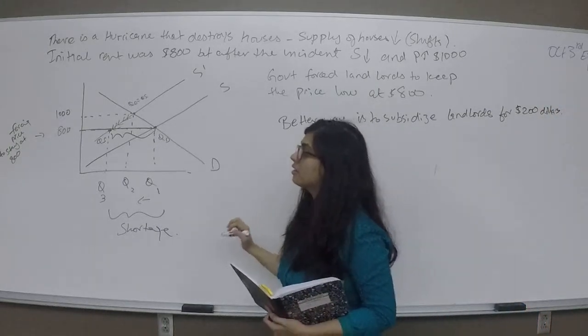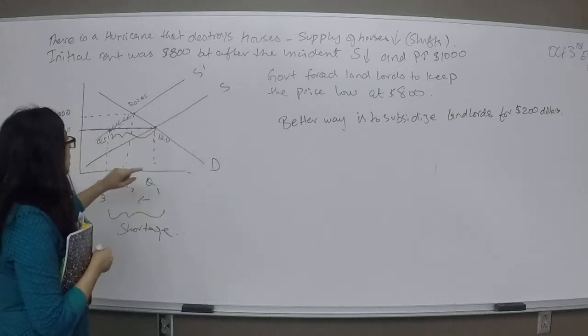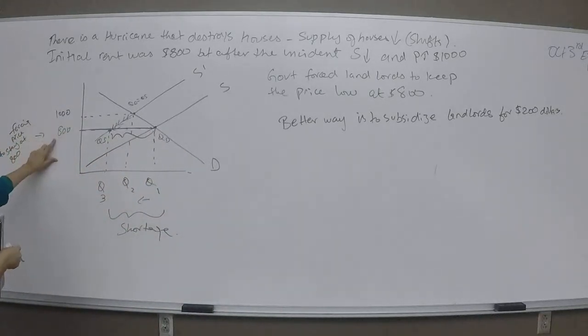What happens is when government subsidizes landlords for $200, landlords are still renting out the place for $800, so people or consumers who want the apartment can take it for 800, but landlords are also getting the 200 from government, so it's compensating the landlords, right?